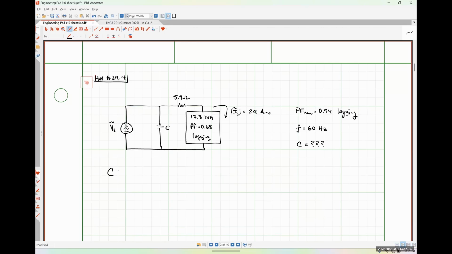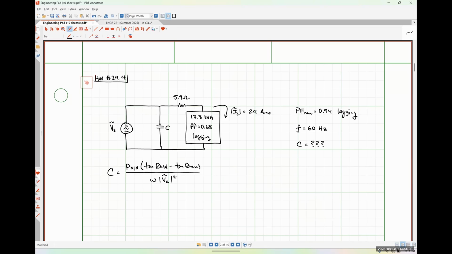So I'm going to once again write down our equation for C. So P old tangent theta old, minus tangent theta new, all divided by omega times the magnitude of the voltage drop across the capacitor squared.